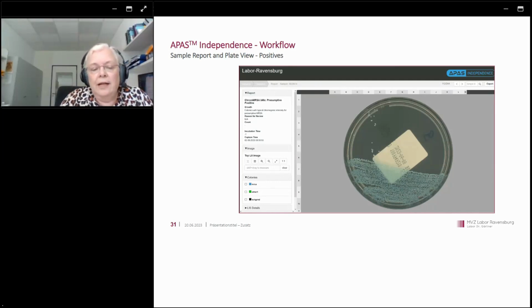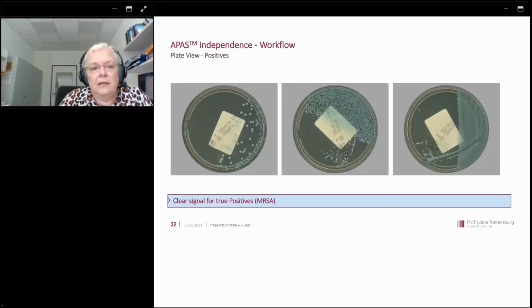As you can see in the next examples, these typical green or other colored colonies are expressed not only in small numbers, also in high numbers. So it's clearly a good signal for true positives.